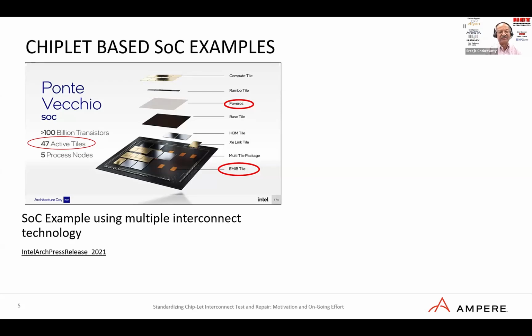I believe the follow-on is now marketed, so this is probably off the market. The important thing to remember here is that there are a large number of chiplets, referred to here as tiles, 47 of them that were integrated into this SoC. And more importantly, for our discussion, there are two types of packaging technologies that were used. One is, at that time, Intel was calling it Foveros and EMIB. Okay, so keep this in mind.